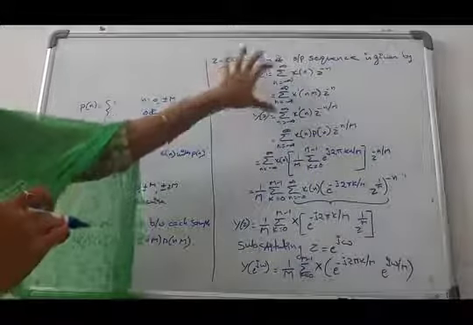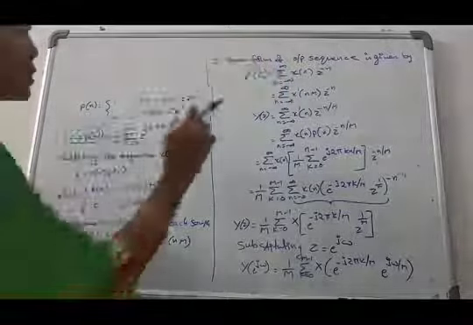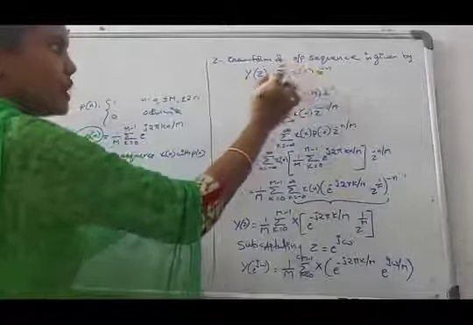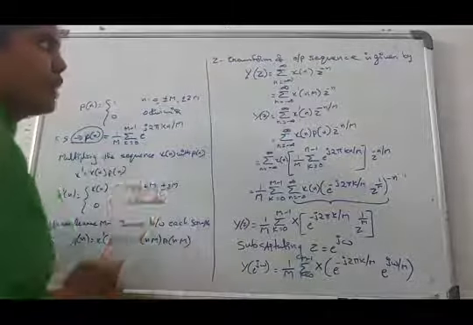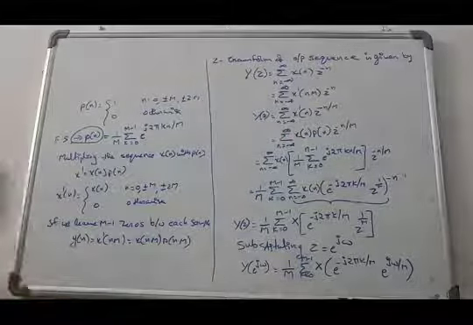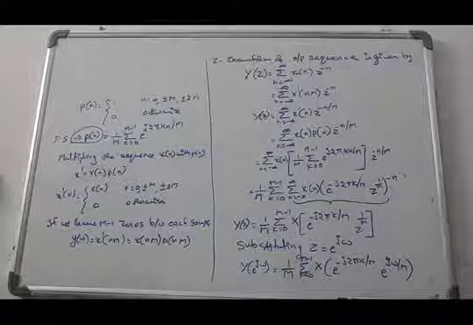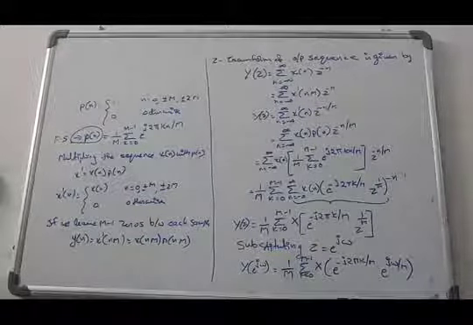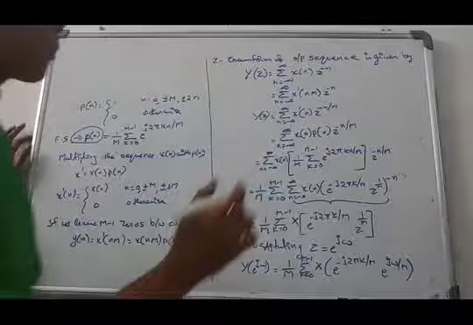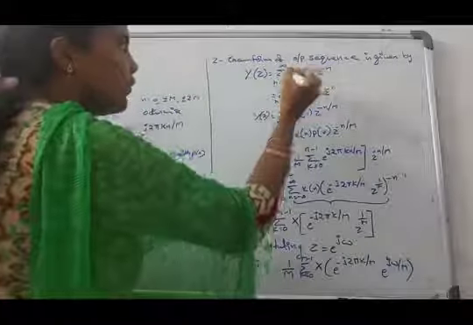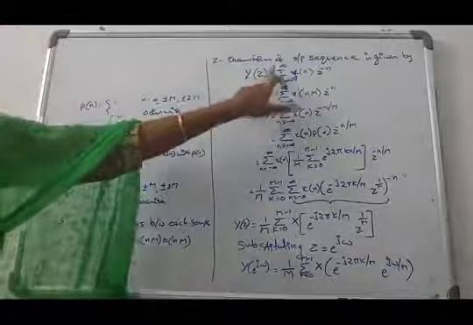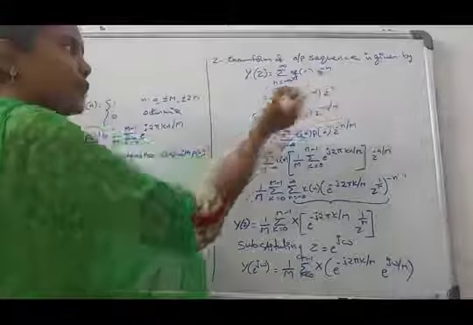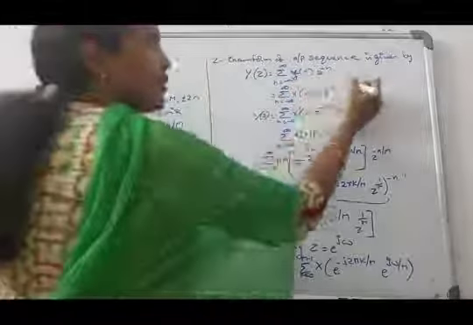Now the Z transform of the output sequence, represented as Y of z, is equal to summation n equal to minus infinity to infinity of y of n z power minus n. So what is y of n?